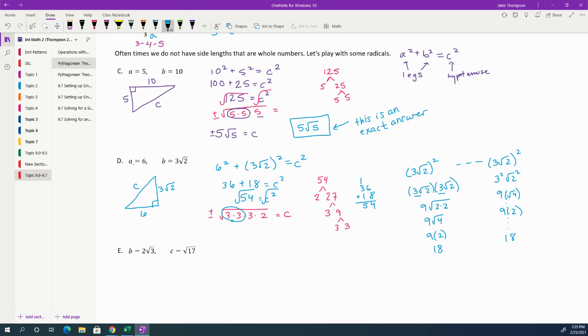A pair of 3s, so that can come out. And then 3 times 2 on the inside is a 6. So my value for my hypotenuse is going to be 3 square root 6.